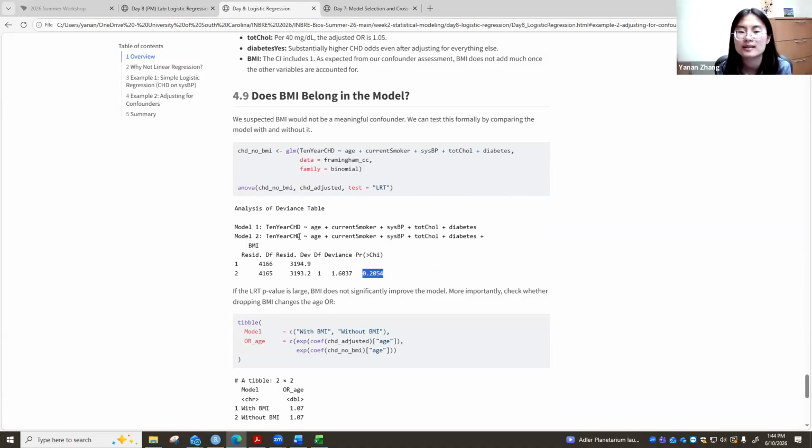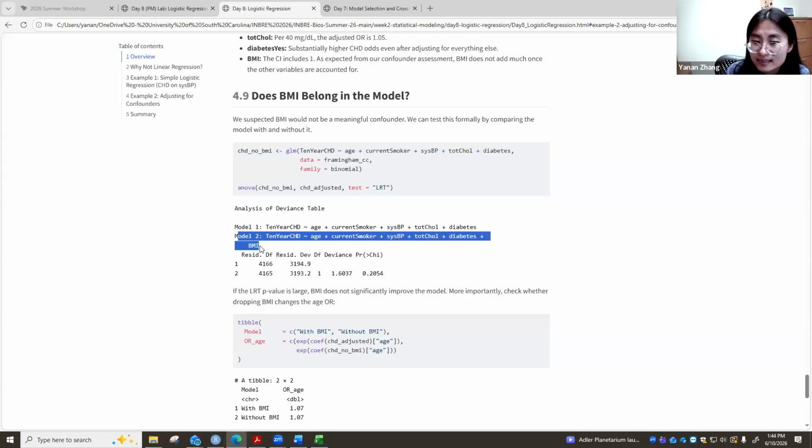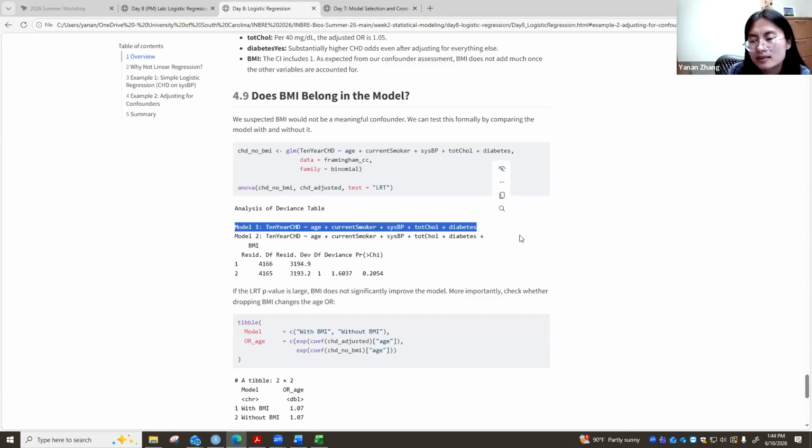In other words, we think the model with BMI does not improve the model much. If we make our decision purely based on this likelihood ratio test, we prefer Model 1 because it's a simpler model.